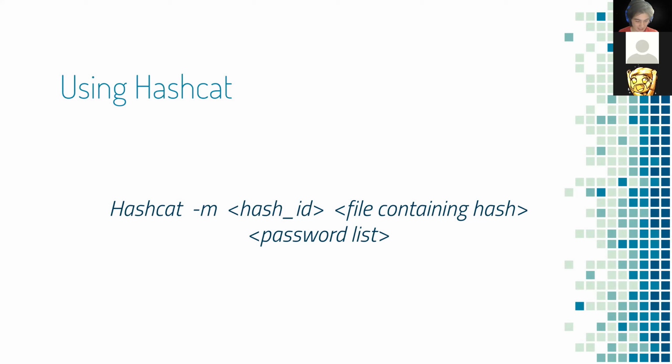Now, what is the hash ID? Hash ID is very specific to Hashcat. You have to know what the ID is for Hashcat to crack your password. And then Hashcat also has no default wordlist, so you have to specify it. And you must also have the hash that you're cracking inside of a file.